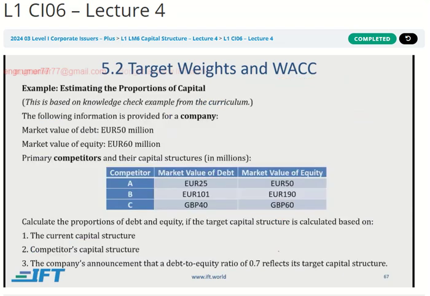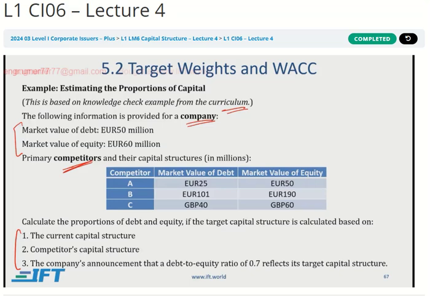So here is a question for you, and we've got 3 parts over here. This is coming from your CFA curriculum. Here we've got the market value of debt and equity of a company. Then we've got the data of competitors.